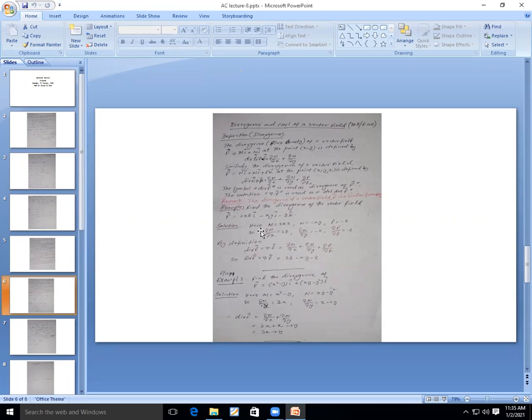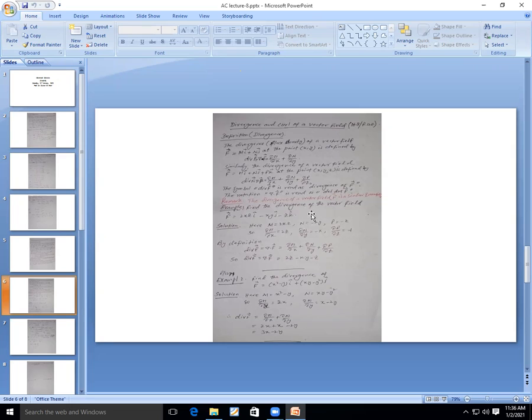You see that your M is 2xz, because the coefficient of i vector is denoted by M, the coefficient of j vector is denoted by N, and the coefficient of k vector is denoted by P. So here M is 2xz, N is minus xy, P is minus z.